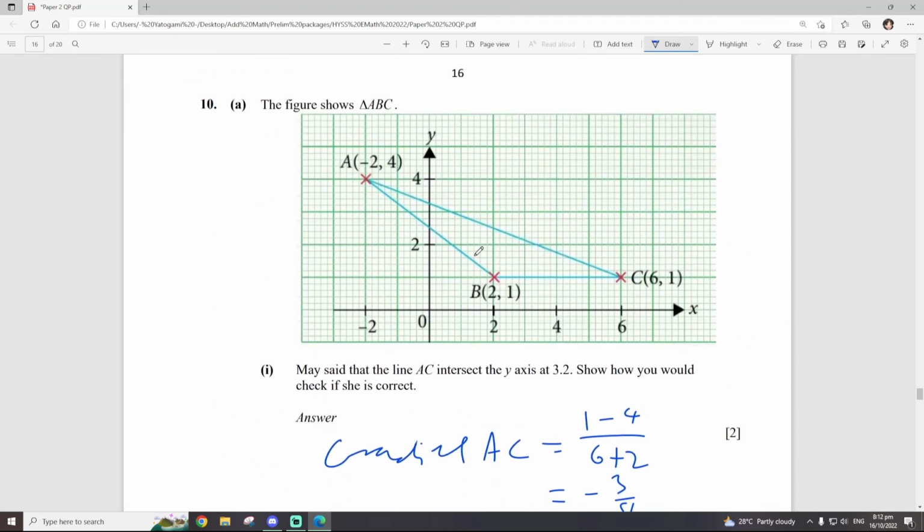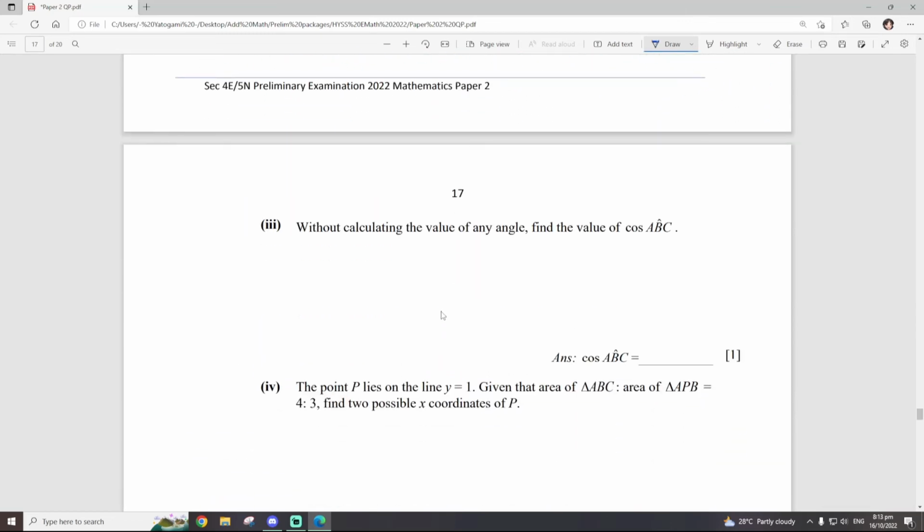Cosine ABC is negative cosine of this thing, so let's call this F. So it's negative cosine ABF, and cosine ABF is the adjacent over hypotenuse. So the adjacent is this one, and the hypotenuse is this one, so 4 over 5. So that would be negative 4 over 5.